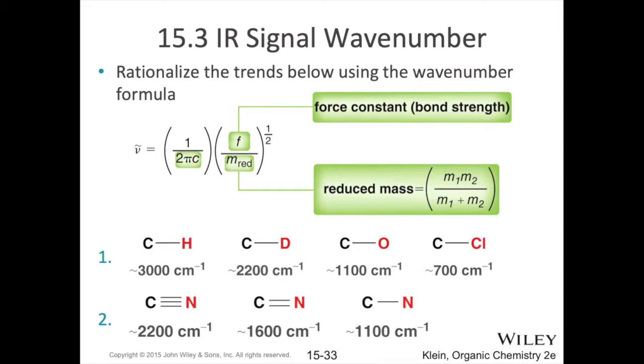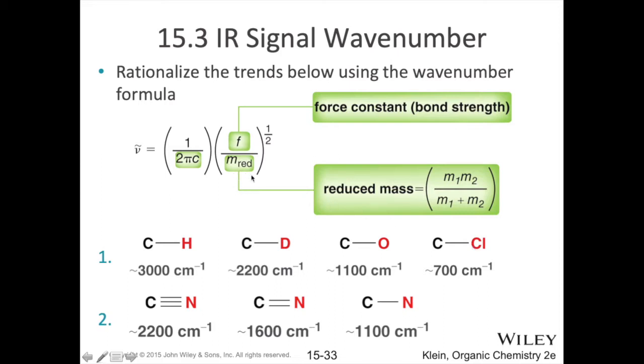Let's look at a few bonds between carbon and other atoms. As we go through each of these examples, we've got carbon connected to a hydrogen, to a deuterium, which remember is just an isotope of hydrogen with an extra neutron, so it's hydrogen-2, then oxygen and chlorine. You see that we are increasing the mass of the atoms connected to carbon, so this would increase our reduced mass.